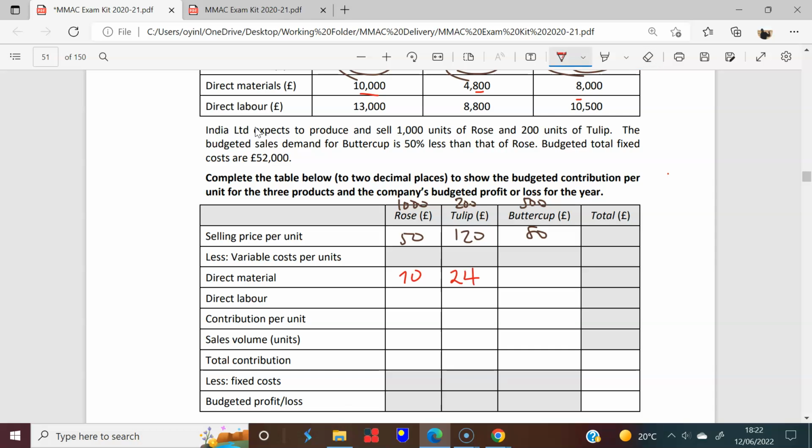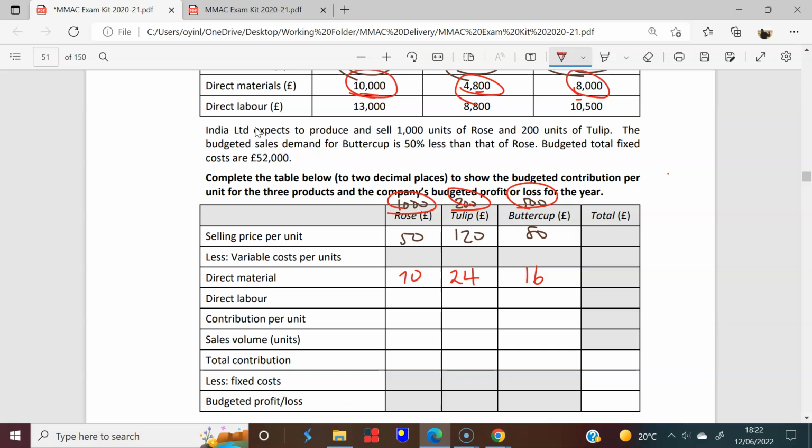And finally, you have the 8,000 divided by the 500, and here you have 16. So how I found this is I am just taking these totals and dividing them by the number of units. That's the total divided by the number of units, and there you have it.